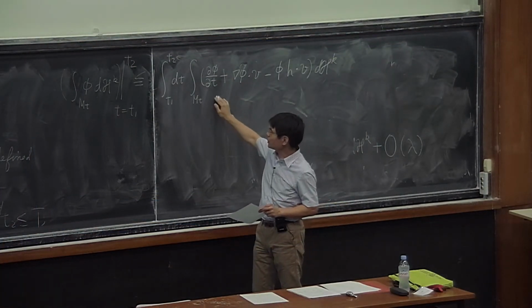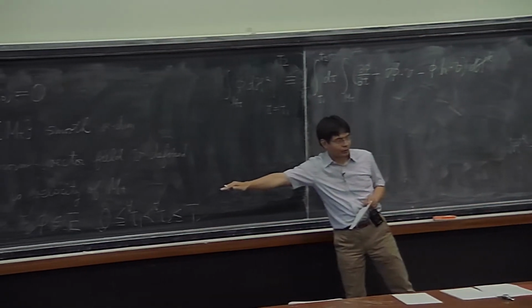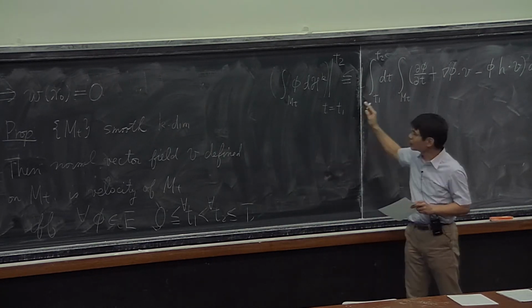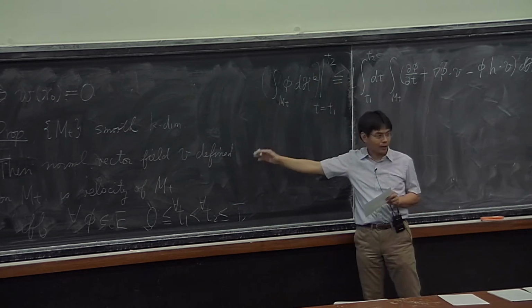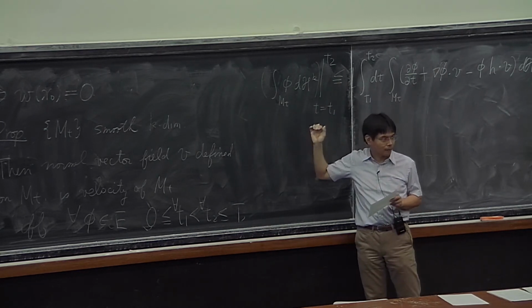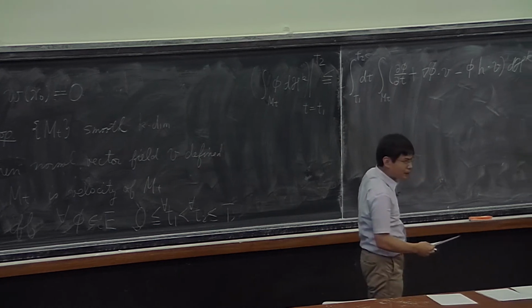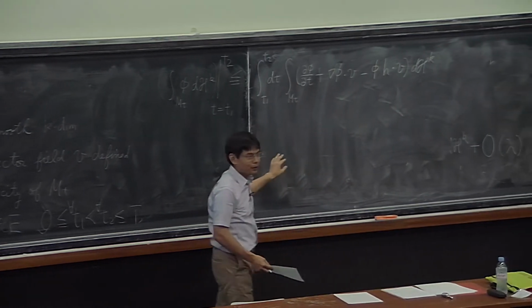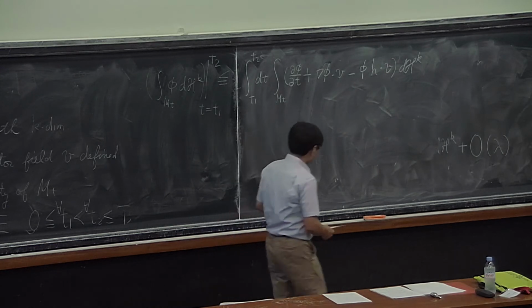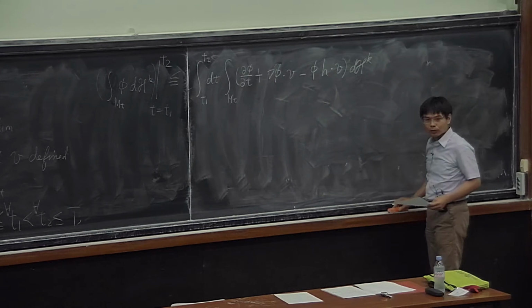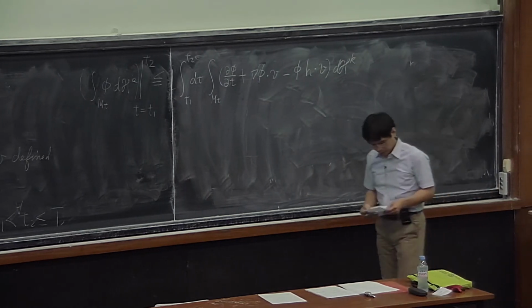Now, going from this to the differential expression is also easy if everything is smooth. So this characterizes the velocity vector. This is nice because everything is expressed in terms of integration, and we now use this to define the velocity vector.